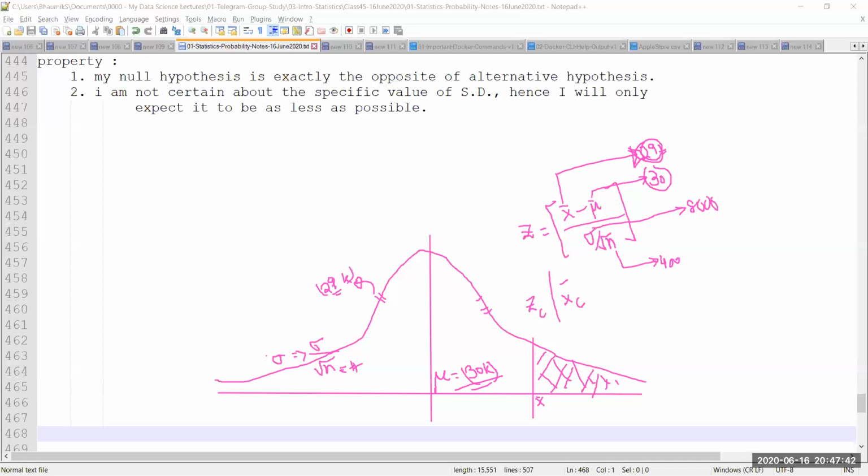So that's the reason why we are simply going to swap this value. We are going to say that my random variable x bar is now going to be 30,000 and my mean is going to be 29,000. Why is this the case? Because this sampling distribution will be assumed to be that of the hypothesis that I am trying to test.